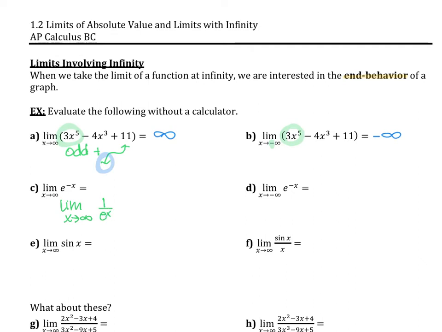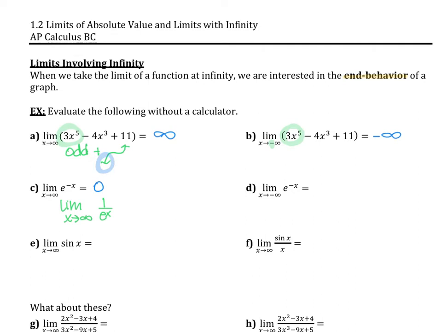Might be easier to see. And if we think about 1 divided by a number that's getting enormously large, what happens? Well, the limit is going to be 0. Okay, 1 over a very big number is 0.